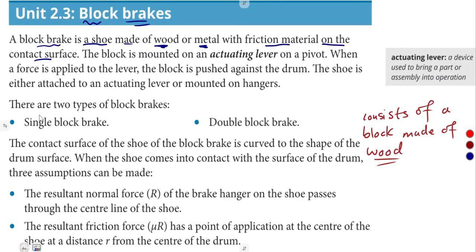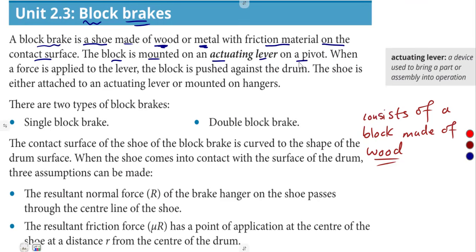So a block is pressed onto the rotating brake drum by a perpendicular force at the end of the actuating lever, which is pivoted to a fixed fulcrum. This is the case that you're going to see later on. So that is the statement that the block is mounted on an actuating lever on a pivot.